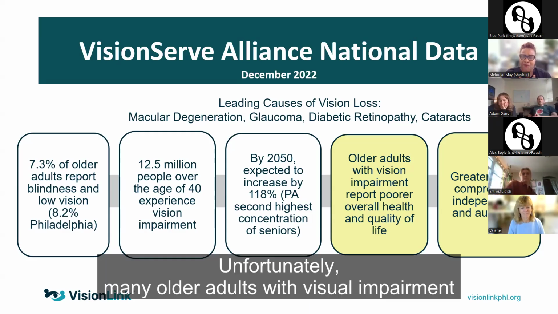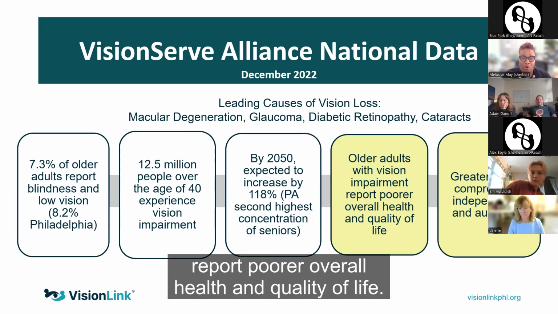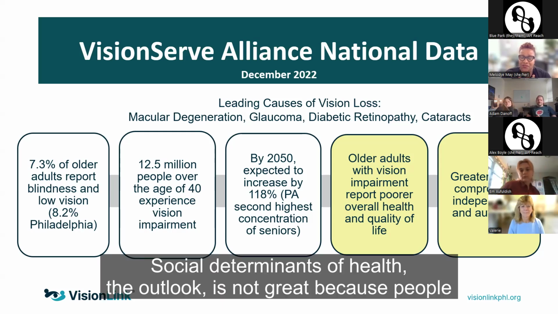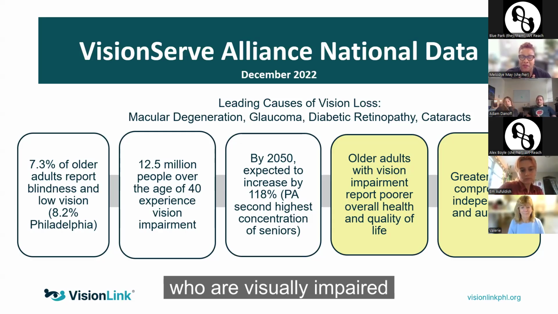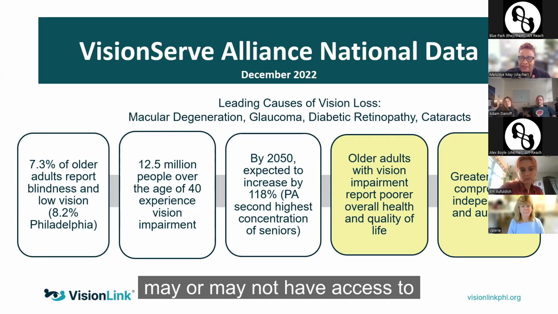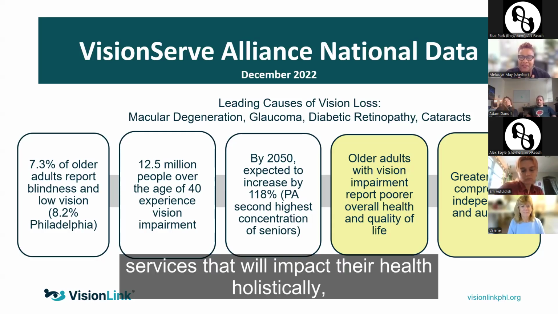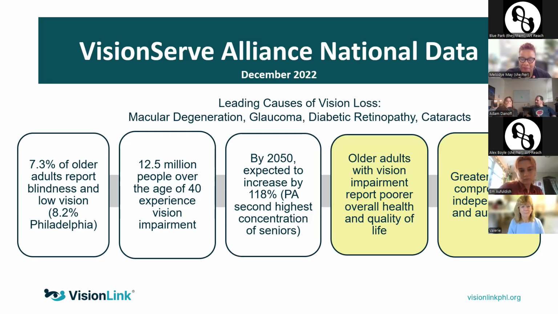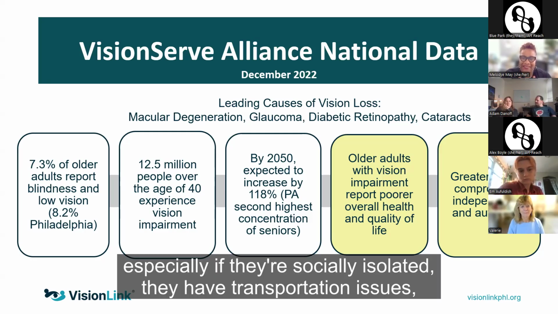Unfortunately, many older adults with visual impairment report poorer overall health and quality of life. Social determinants of health, the outlook is not great because people who are visually impaired may or may not have access to services that will impact their health holistically, especially if they're socially isolated.